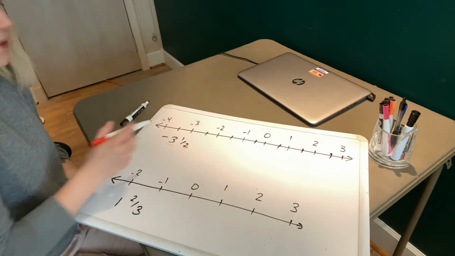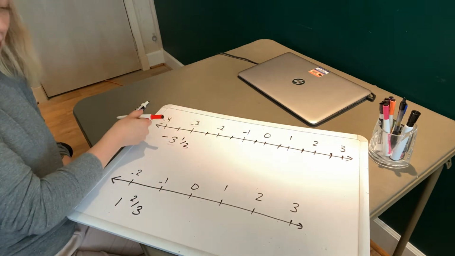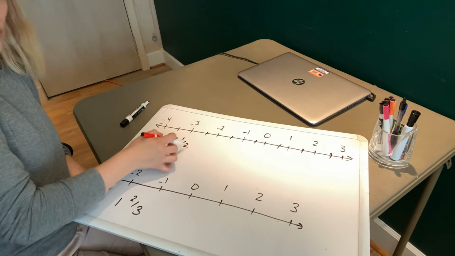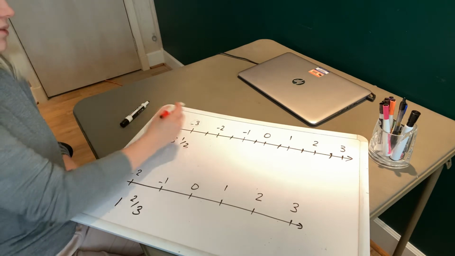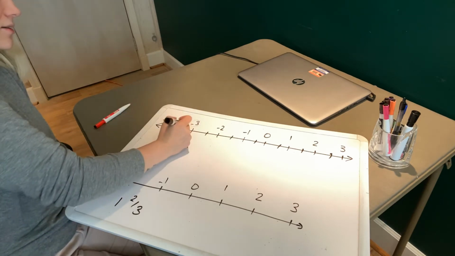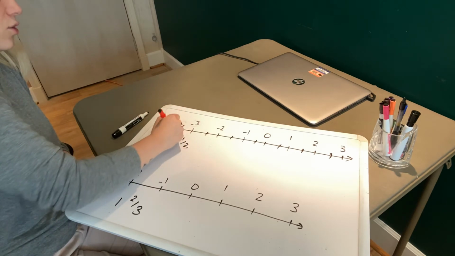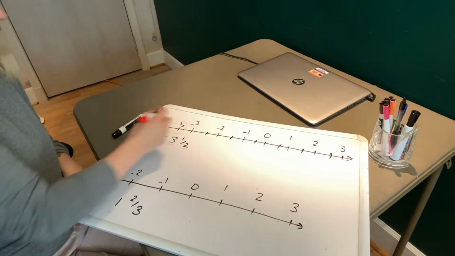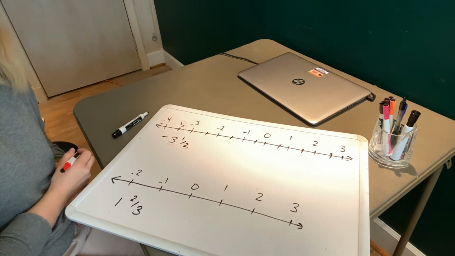Since we said between negative 3 and negative 4 is where we need to be because we're working to the left, we need to identify where the 1/2 is going to lie. Well, between negative 3 and negative 4 is 1/2. So therefore, this would represent that 1/2. So negative 3 and 1/2 would land right here. That's where we would put our dot to represent negative 3 and 1/2.